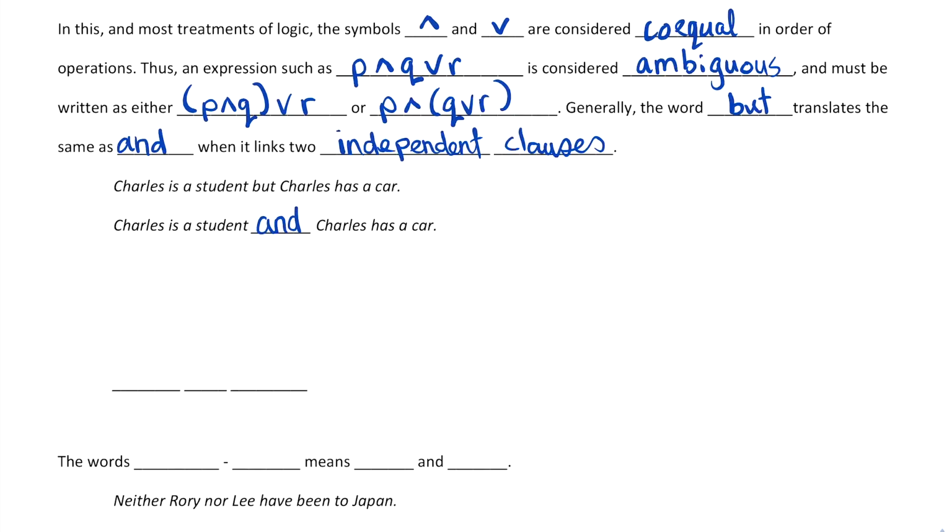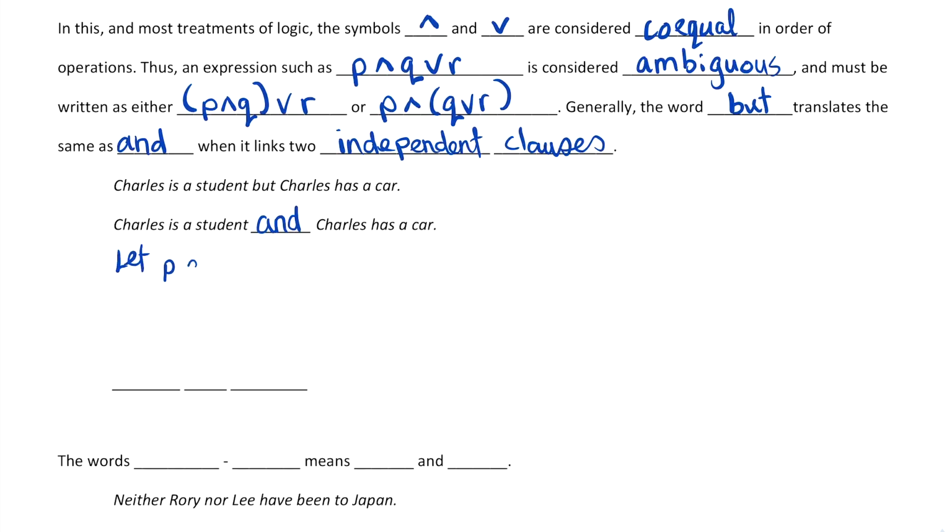So if we were to let P denote Charles is a student, and if we let Q denote what?